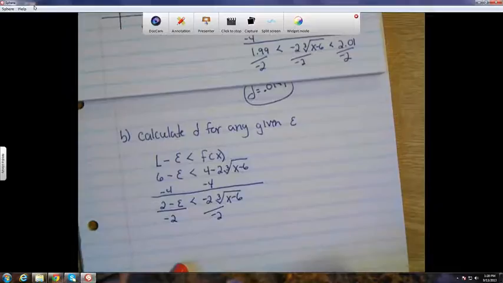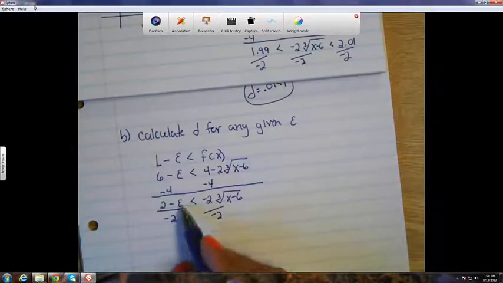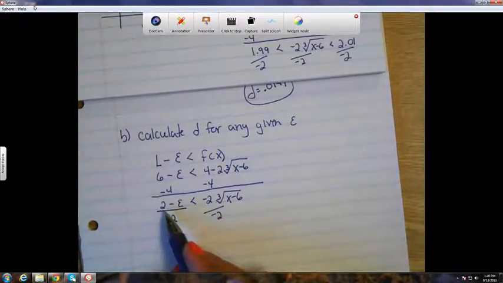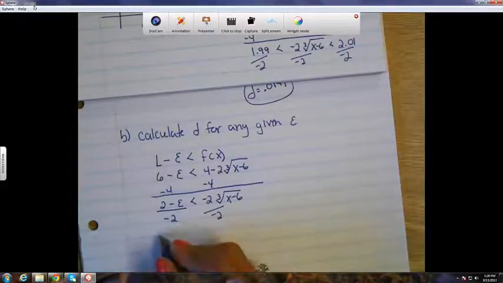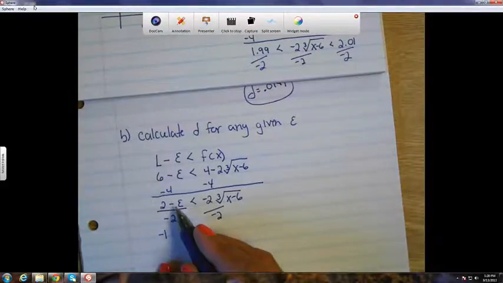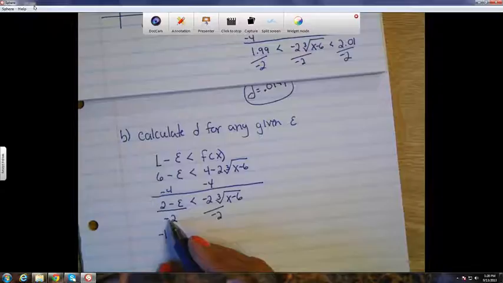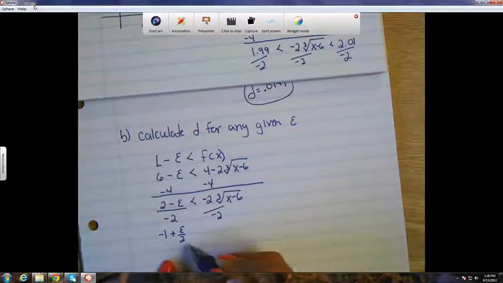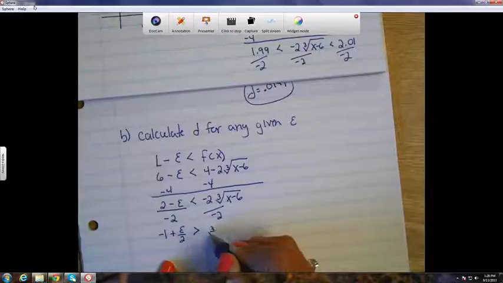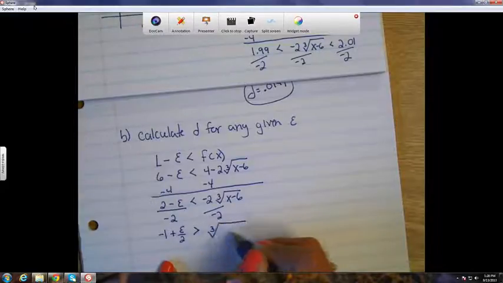I am going to take the time to distribute that division of negative 2. So 2 divided by negative 2 gives me negative 1. And here I'll have a negative epsilon divided by a negative 2. That's going to be a positive epsilon over 2, or you can call it 1/2 epsilon, whatever you like. Flip the sign. Cube root of x minus 6.